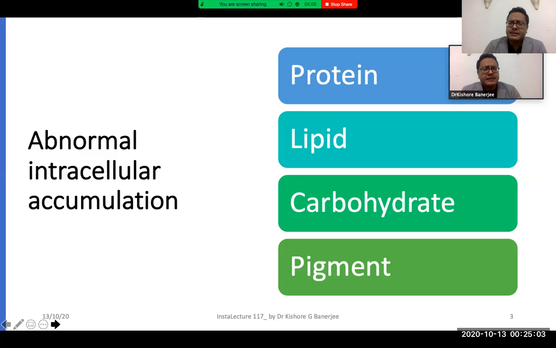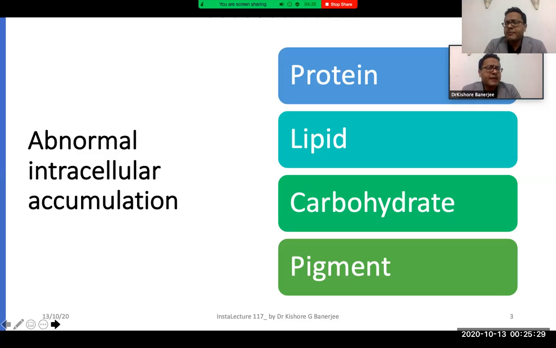Even in prion disease, an abnormal form of protein accumulates. Abnormal protein accumulation occurs in Russell bodies in plasma cell neoplasms. In alpha-1 antitrypsin deficiency, another disease, abnormal intracellular protein accumulation could occur.